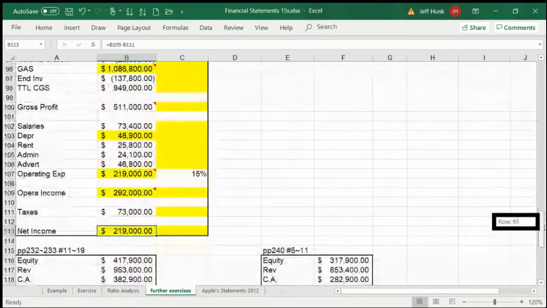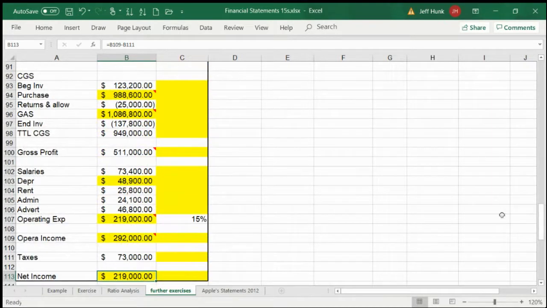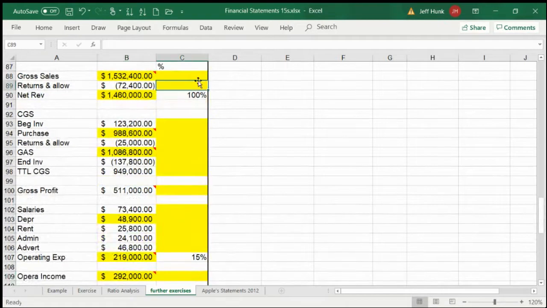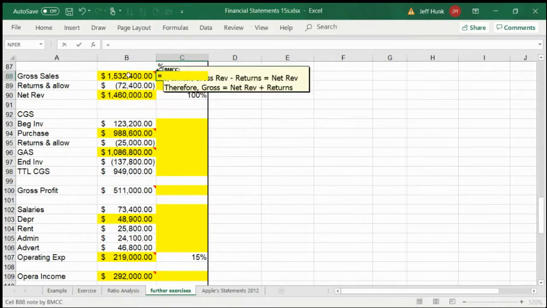Then we have completed our task, and what's remaining? Oh, so the common size statement.